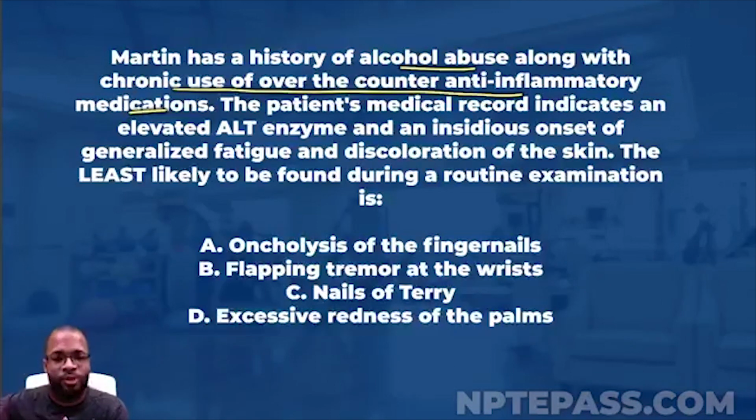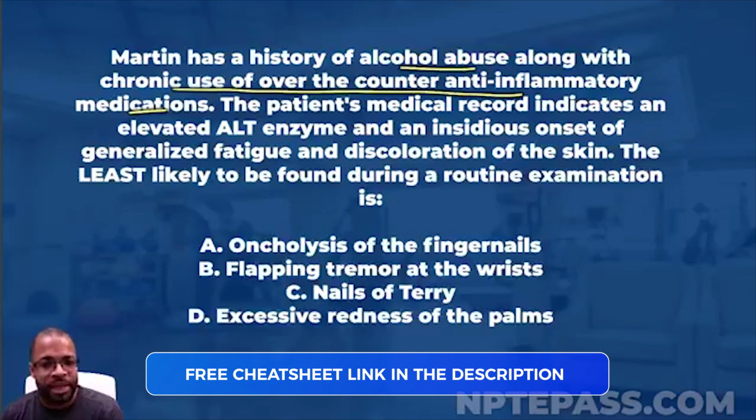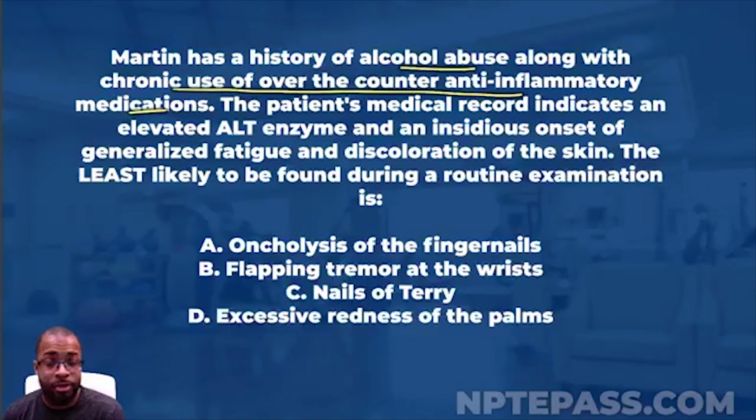Because the liver is responsible for definitely breaking down, metabolizing a lot of those toxins that come throughout the body, cleaning that, right? Filtering that. And so the fact that the person's having this alcohol abuse or they have a history of that, they're also using anti-inflammatory medications. We were talking about the ibuprofen, the aspirin, all that good stuff, Aleve.